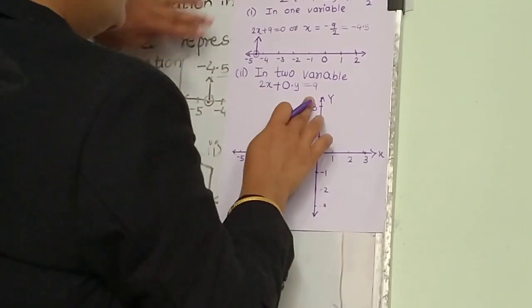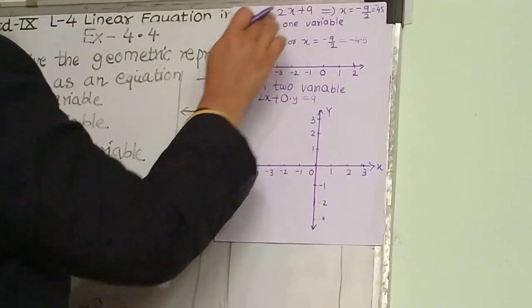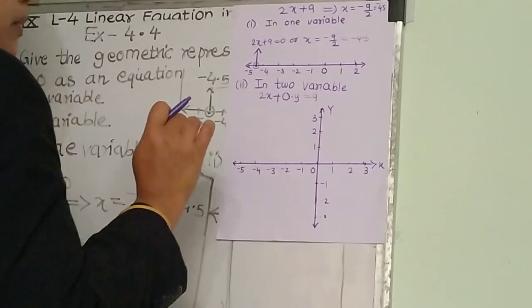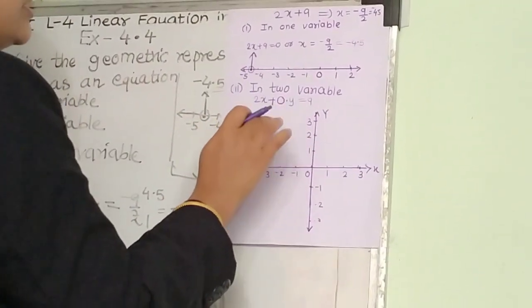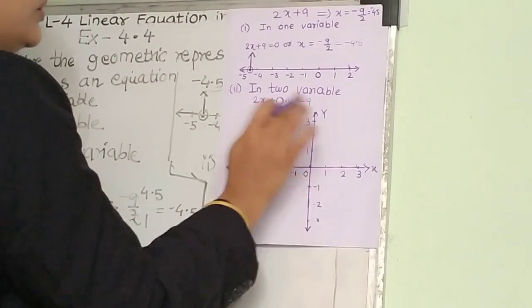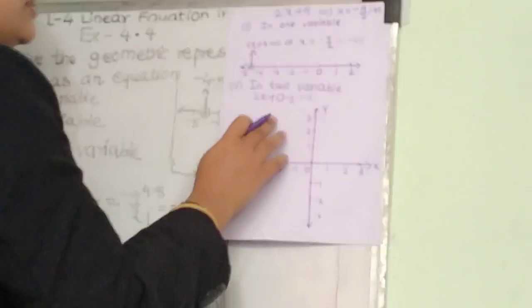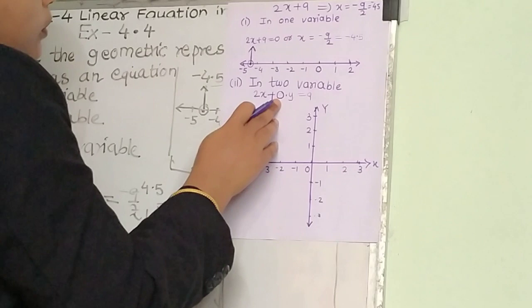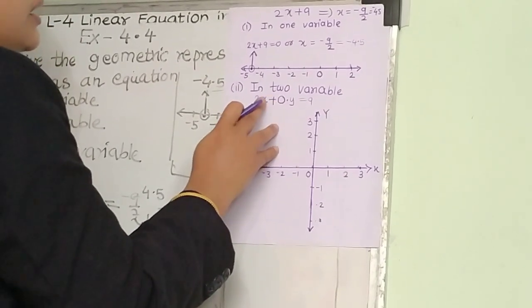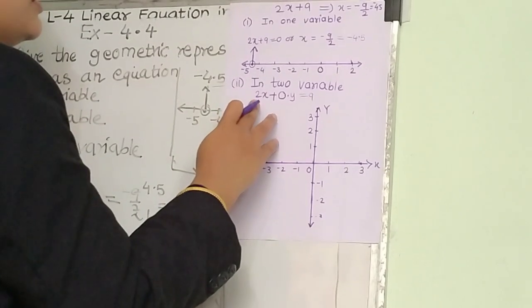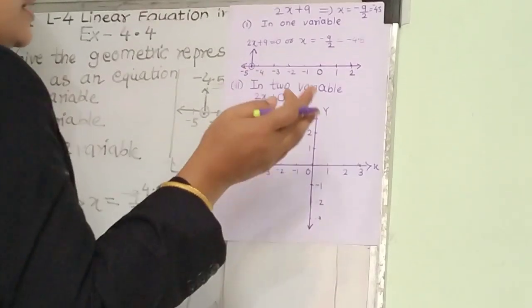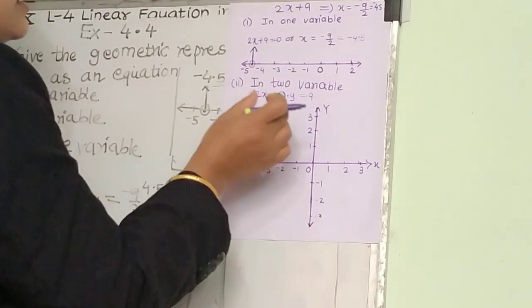So this will be the given equation in two variables. Suppose if you are not given the x term and only the y term is given, then you have to take the coefficient of x as 0 for this equation. Like this you generate the equation in two variables.